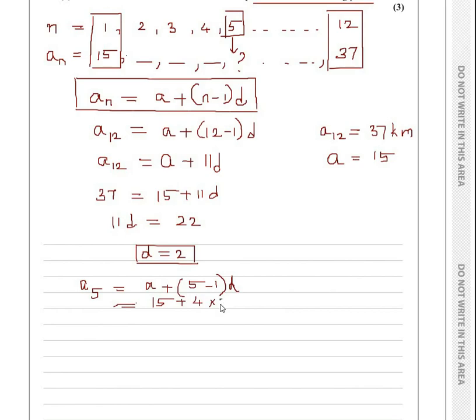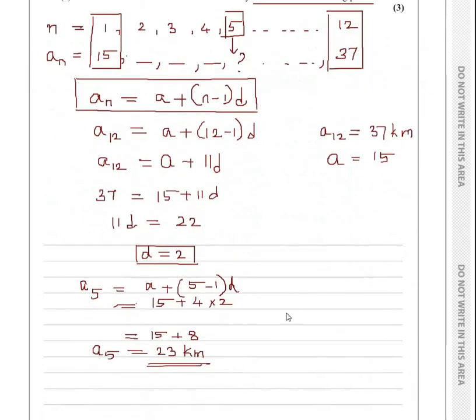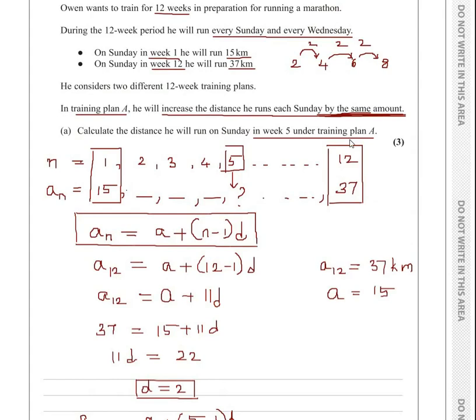Common difference we got as 2. So 15 plus 8 we get as 23. So in the fifth week, he is going to run 23 kilometers. This is the answer for part A. So calculate the distance he will run on Sunday in week 5 under training plan A. He runs 23 kilometers in the fifth week using training plan A.